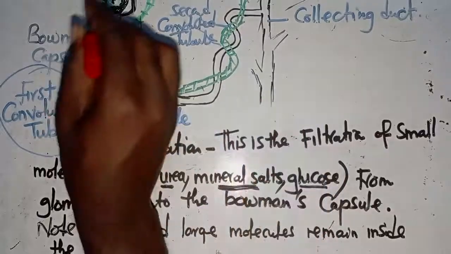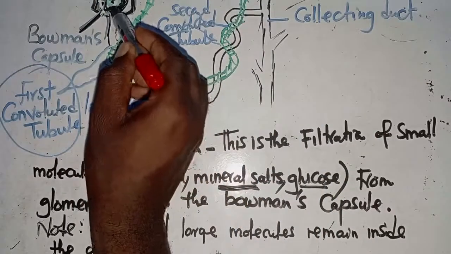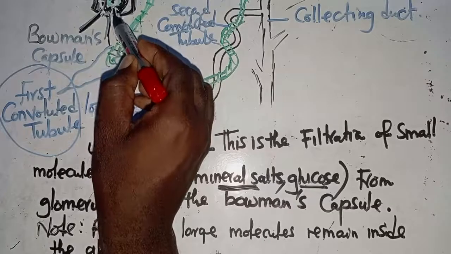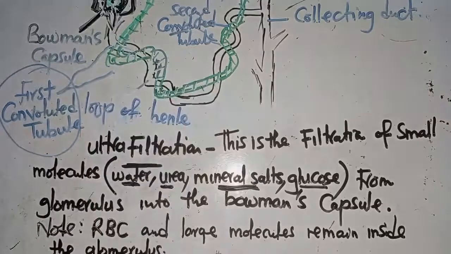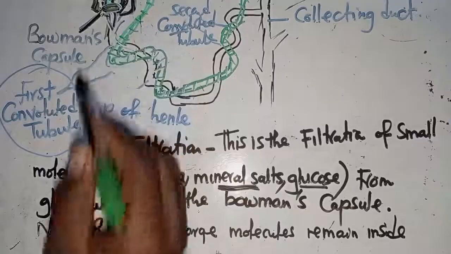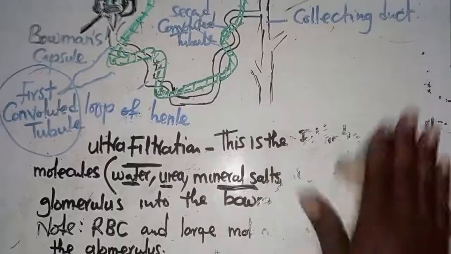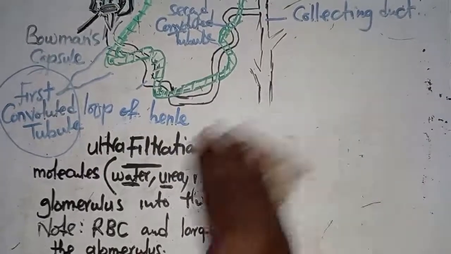It is going like this. So the glomerulus filtrate now gets to be drained into this tube, and for this process to happen, there must be something we call selective reabsorption, which is taking us to the second stage.